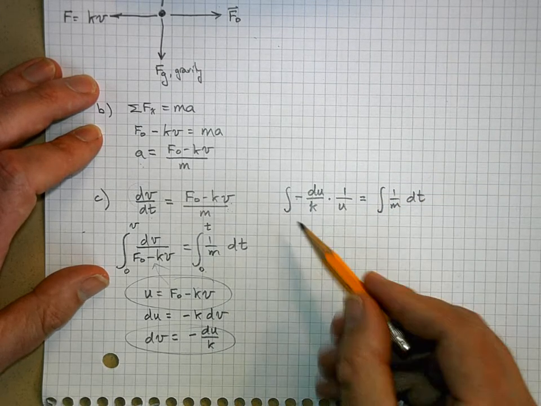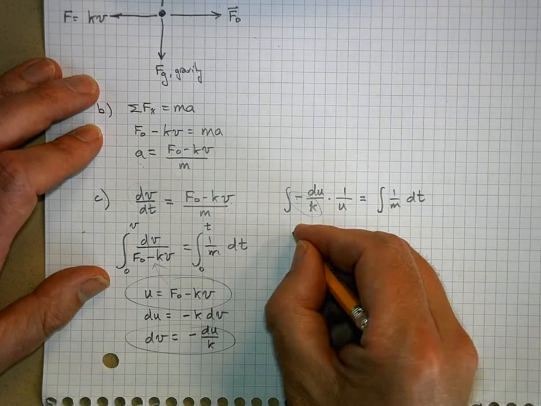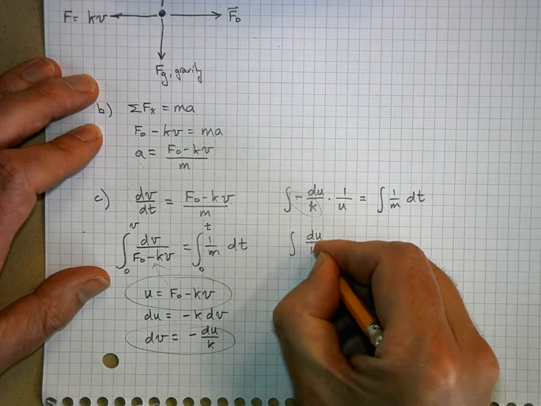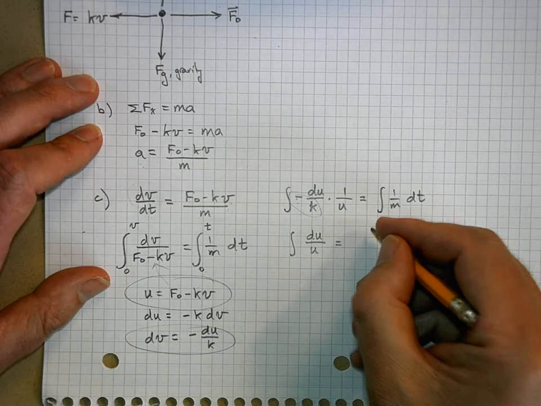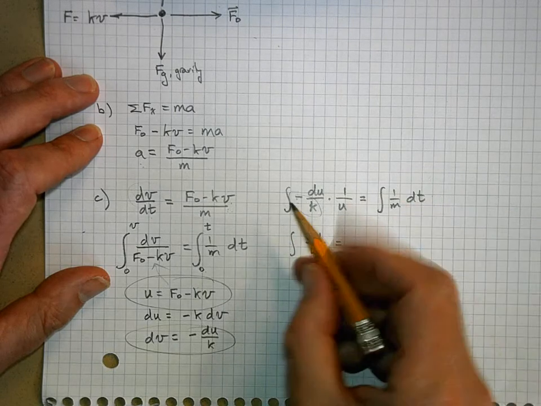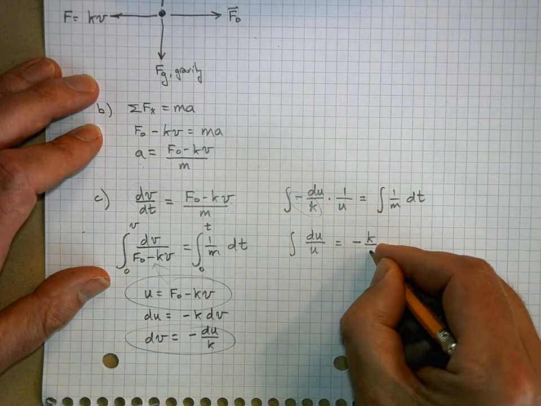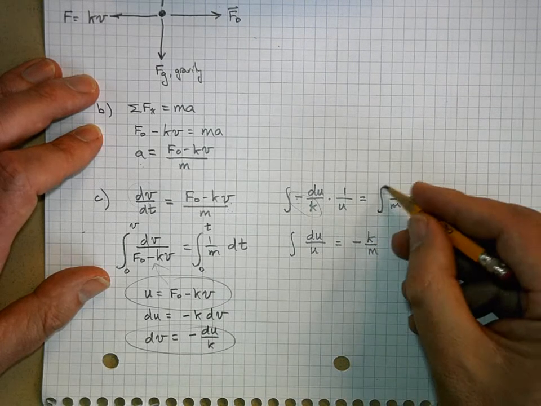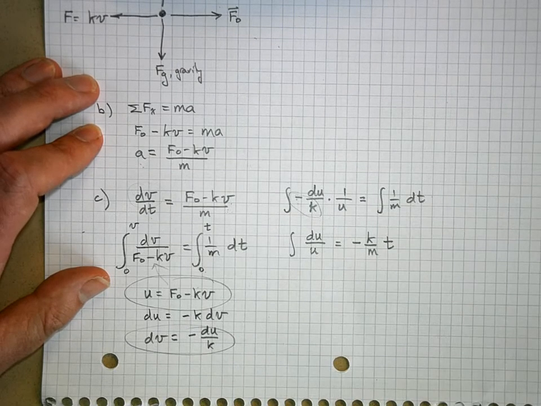Now I'm going to take this and put it on the other side. And this is du over u equals, let's see, I have to multiply by k, right, and negative 1. So this is going to be negative k over m, right? And then the integral from 0 to t of dt is just t. So I'll just get rid of that integral right now.